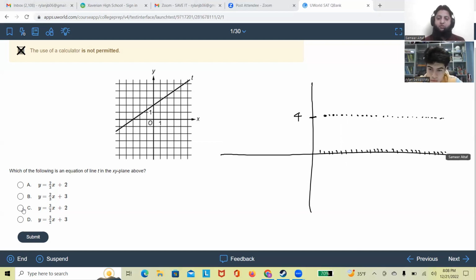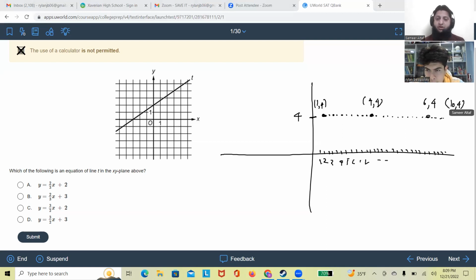Like 1, 2, 3, 4, 5, 6, 7, 8, 9, 10, 11, 12, and so on. The coordinate of this point will be 1 comma 4. This point will be 4 comma 4. This point will be 6 comma 4, 10 comma 4, 12 comma 4.